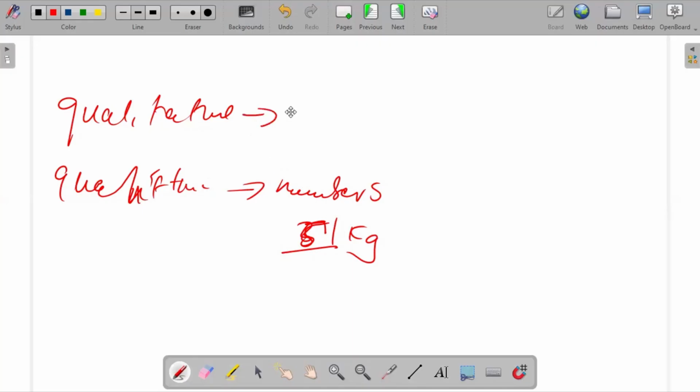For a qualitative measurement, you are not going to be using numericals, so there are no numericals involved. For example, you are performing a titration experiment. When you're performing a titration, you put an indicator, right?